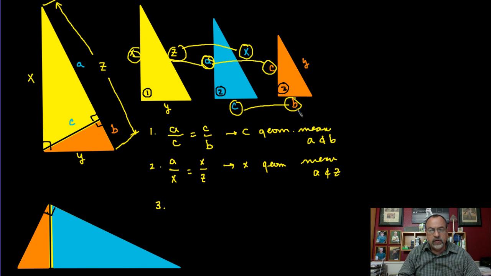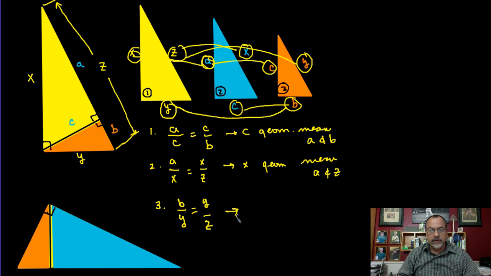So in this orange triangle, y goes with the y in the yellow. So I have b, if I compare that to y, is equal to y compared to z. And again, you'll notice that y is in the mean position, so y is the geometric mean of b and z.